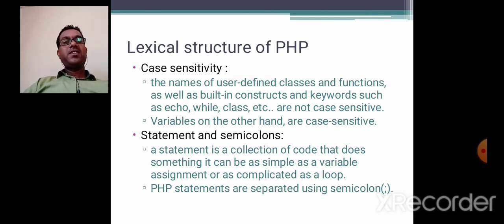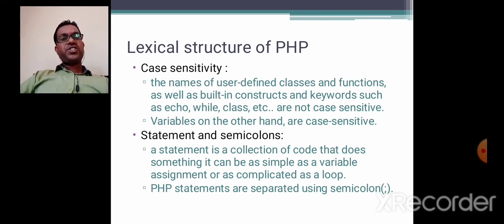We know that PHP is a case sensitive language. The names of user defined classes and functions as well as built-in constructs and keywords are case insensitive, meaning not sensitive. These are equivalent. But on the other hand, variables are case sensitive in PHP.